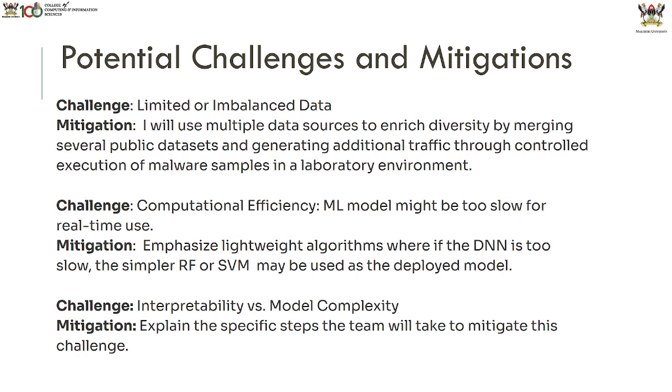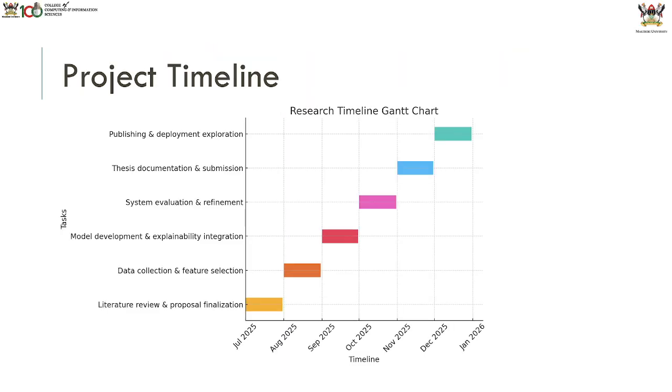So how I'll mitigate this is emphasize lightweight algorithms, where if the deep learning neural network is too slow, the simpler random forest may be used as the deployed model. Then the challenge of interpretability versus model complexity. Mitigation is to explain the specific steps the team will take to mitigate this challenge.